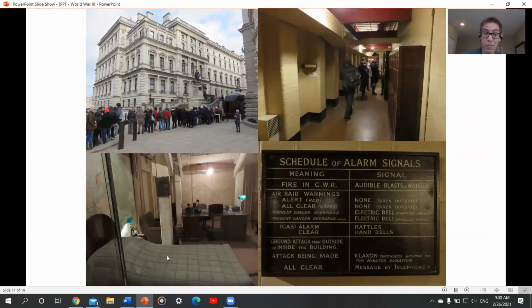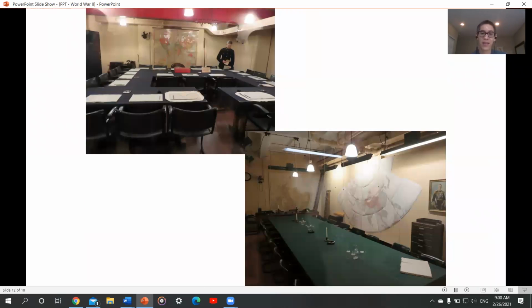This was Winston Churchill's bed and his private office. And then there would be all sorts of bells and alarms if there were a fire, a gas attack, an air attack, etc. And then this is where the British military would have their strategy meetings. The maps are the actual maps that were left over when the war ended in 1945.